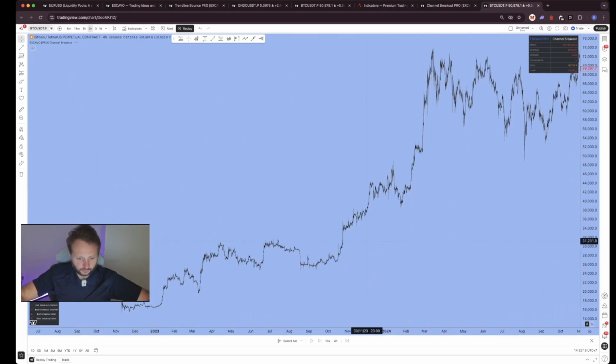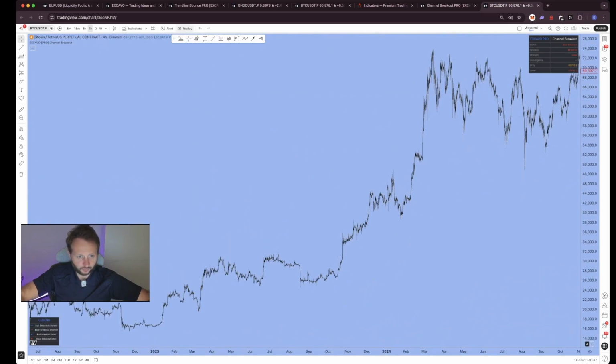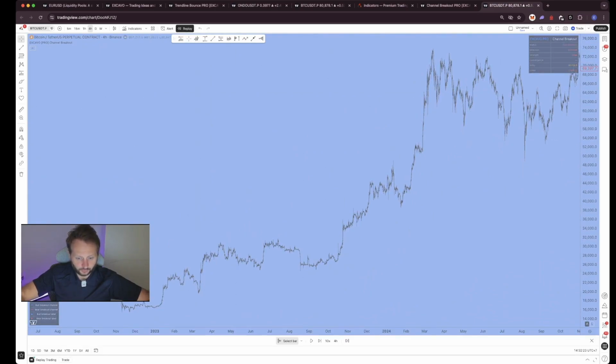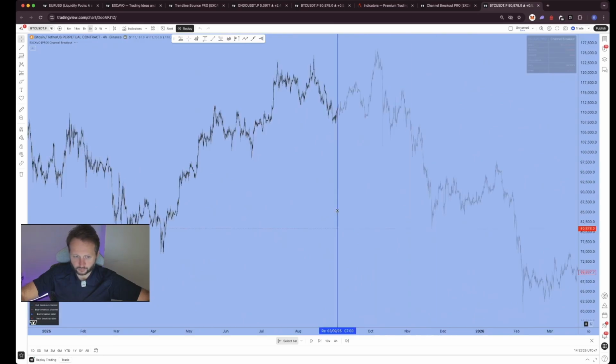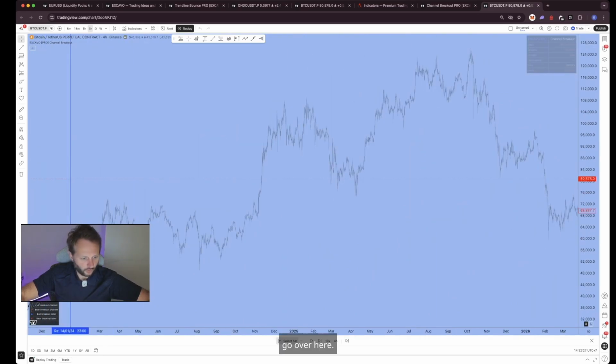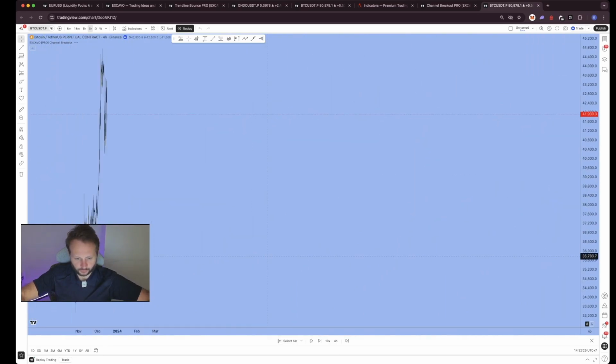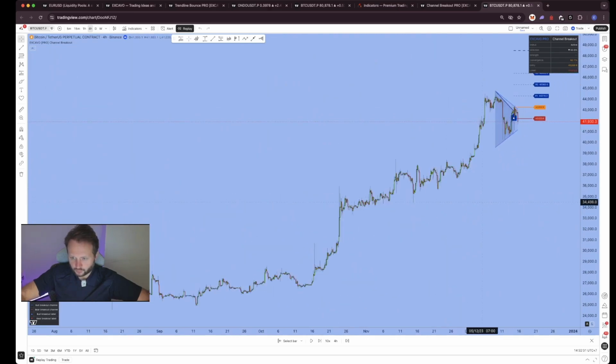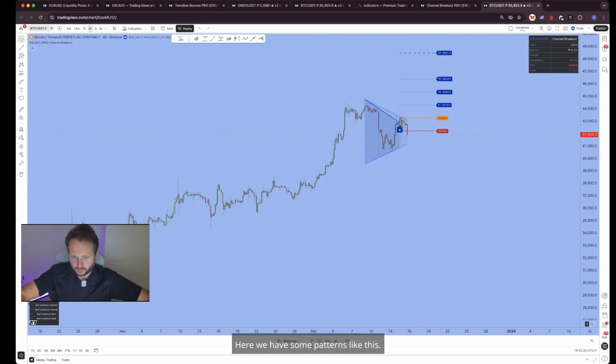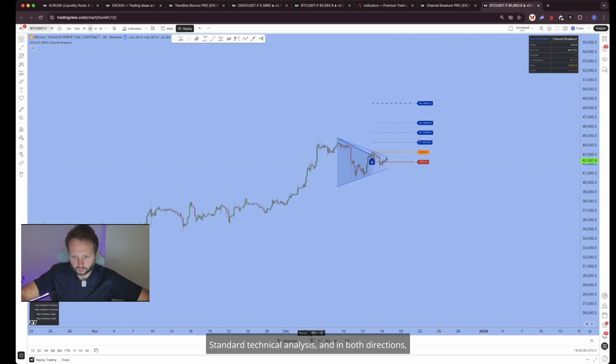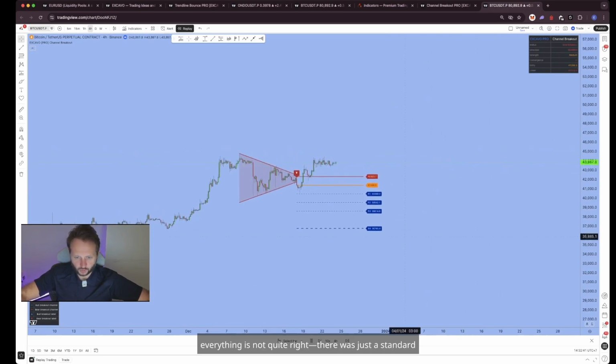Let's go over here. What do we have here? Here we have some patterns like this. Standard technical analysis, and in both directions everything is not quite right.